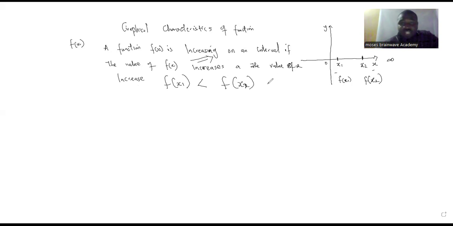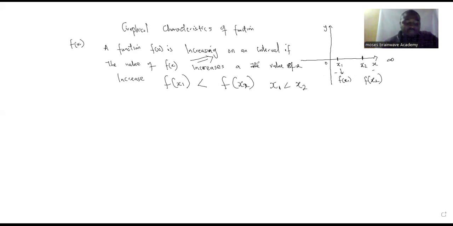Now, the condition here is that x1 is less than x2. We can take this particular reference. You see, this point here is less than this point. But when I evaluate the two functions, this function here is less than this other function. Then you can say that this particular function is increasing.